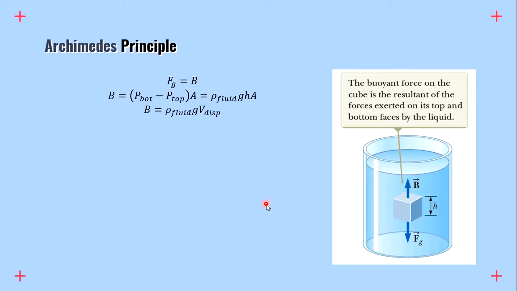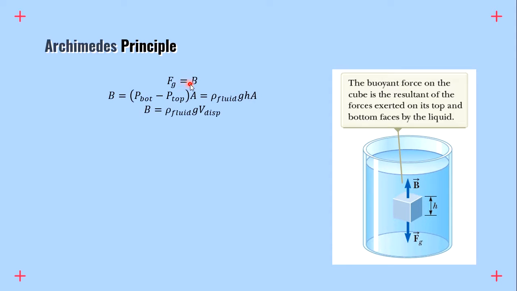I have another example here. Suppose it is a cube. Why did we choose a cube? Because it is easier to obtain the volume of a cube. The buoyant force on the cube is the resultant of the forces exerted on its top and bottom faces by the liquid.